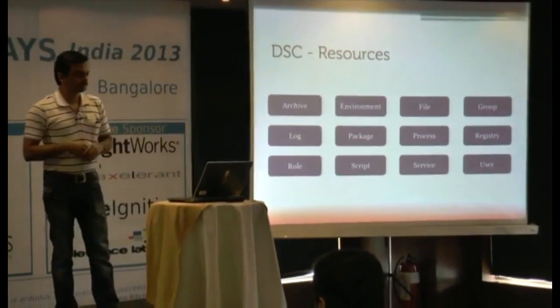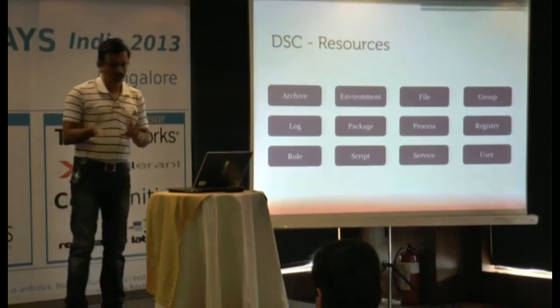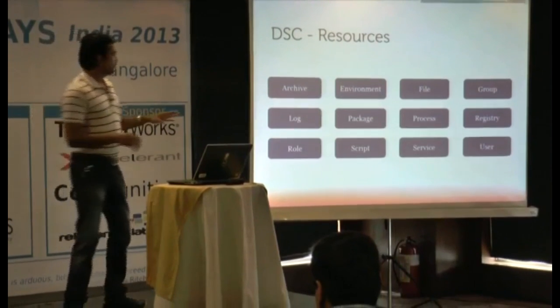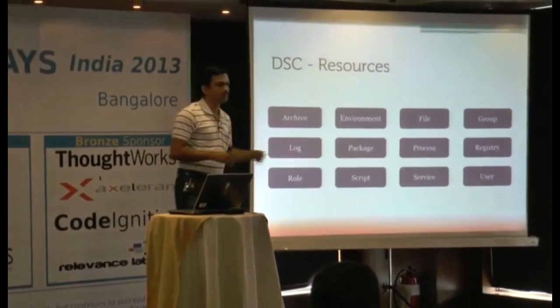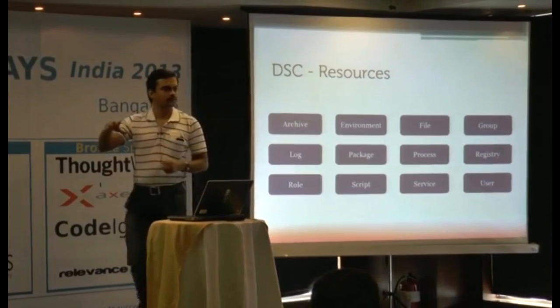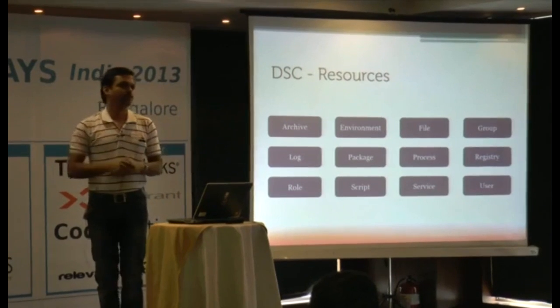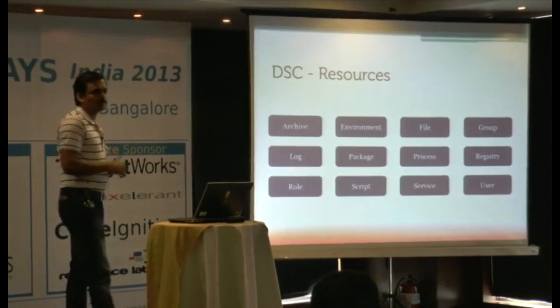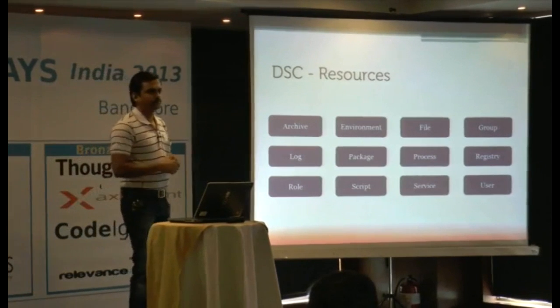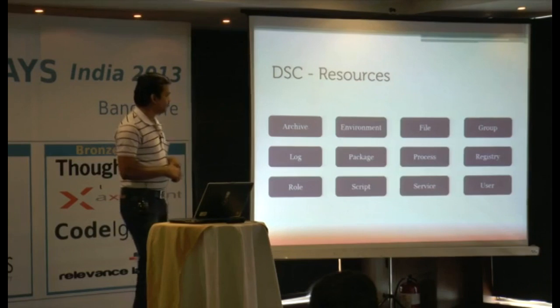Script is for something that cannot be done using any of the other resources. You can just code it yourself. You can write a script resource and say, go execute this script on remote systems. It's like exec in some of those other Puppet and Chef kind of configuration management software.